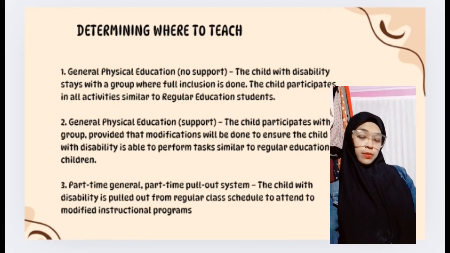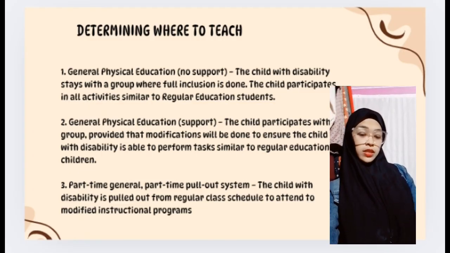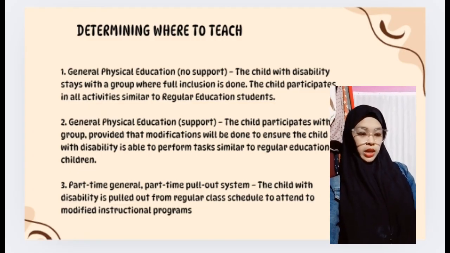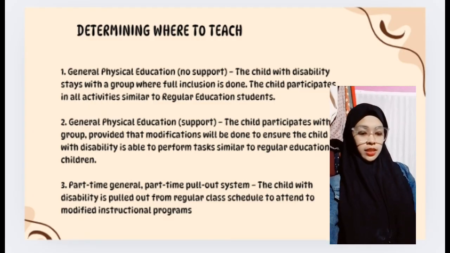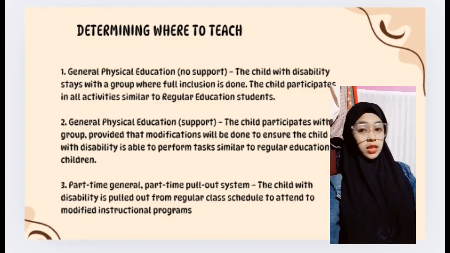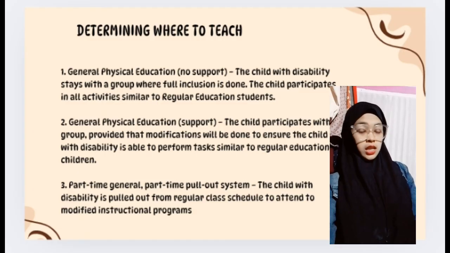Next is determining where to teach. First is general physical education with no support. It means full inclusion in regular physical education classes without additional support. Second is general physical education with support.